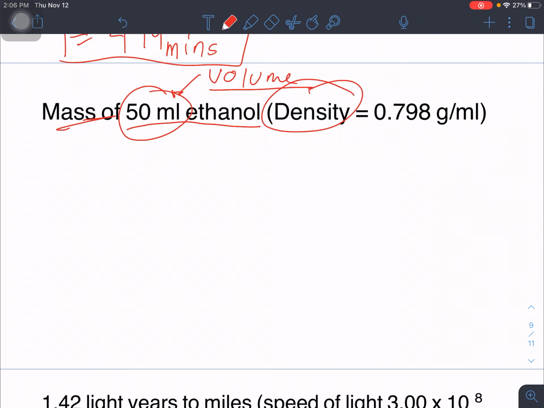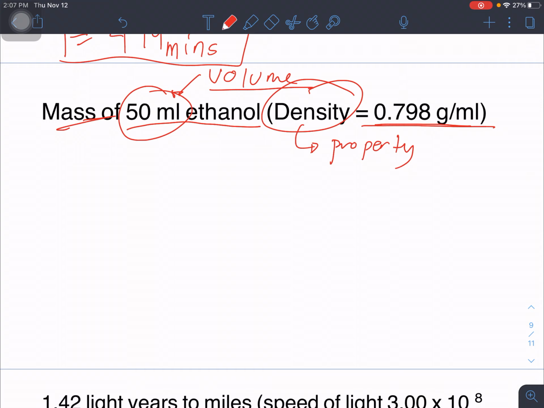So the density is an intensive property which is exclusive for these values. This is only exclusive for ethanol. If you have another substance, you will have a different value for density.